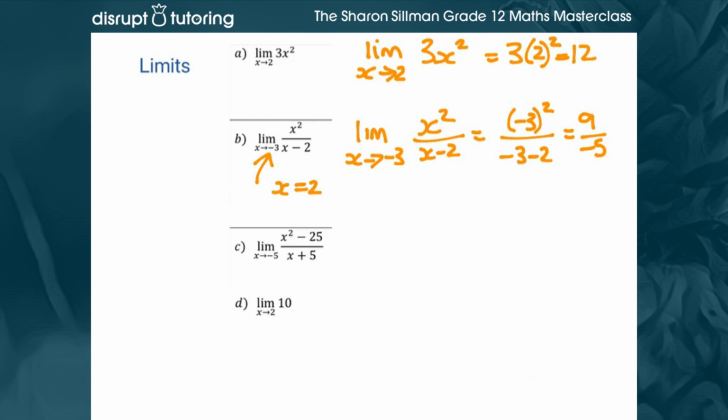And now let's consider the next one. Now you can see we're going to start getting towards those that cause problems. We're looking for the limit as x tends to negative 5 of x squared minus 25 divided by x plus 5. Notice that there's a variable in the denominator, so that should always ring alarm bells in our head. If we substituted the number we're interested in, the limit, you will see that you will make the denominator 0, and therefore the answer here will be undefined.